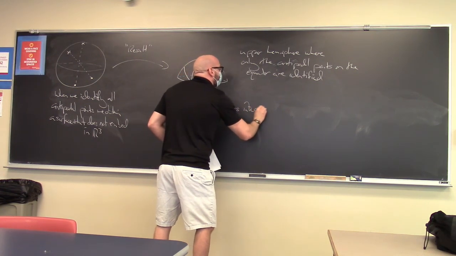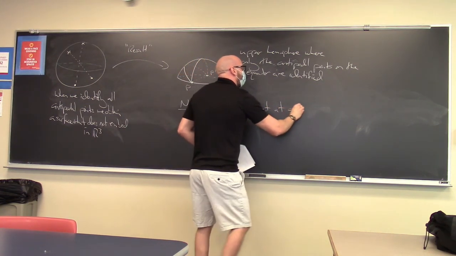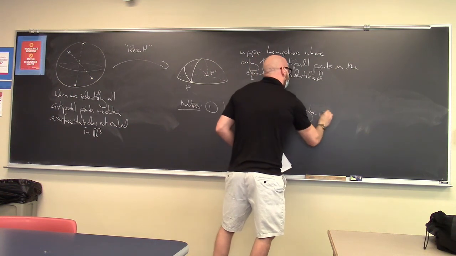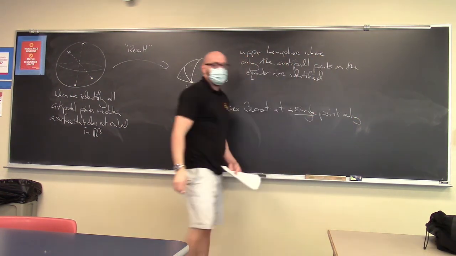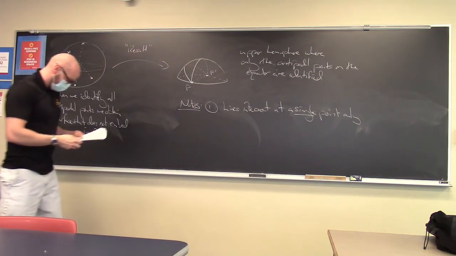So lines intersect at a single point only, hence single elliptic geometry.